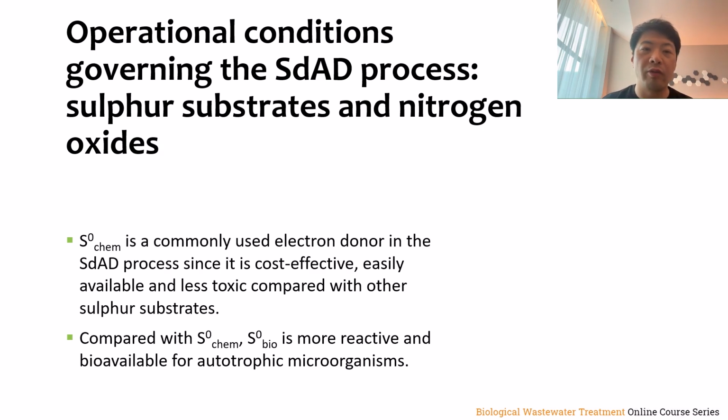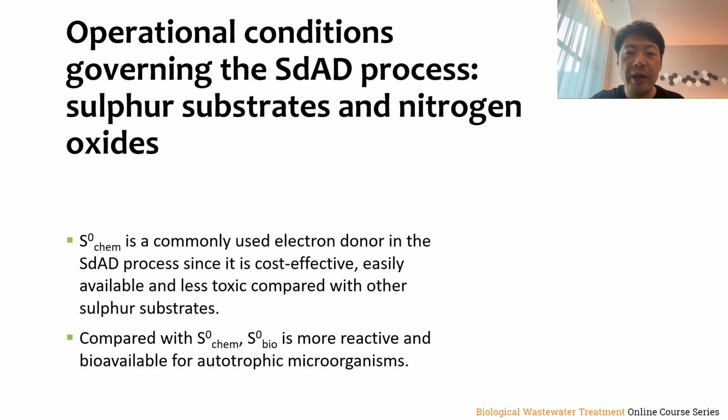Firstly, elemental sulfur is a commonly used electron donor in the sulfur denitrification process, since it is cost-effective, easily available, and less toxic compared with other sulfur substrates. Sulfur-limestone typically offers a dual source of elemental sulfur and alkalinity for sulfur denitrification application, and enables SOB-enriched biofilm to develop on the sulfur particles packed in a bioreactor.